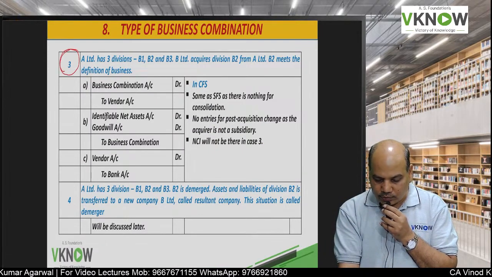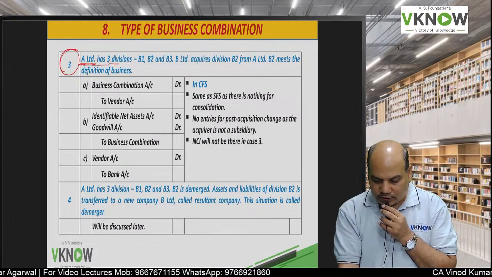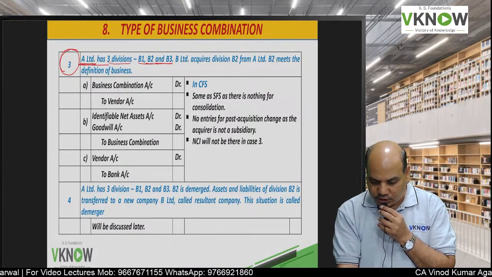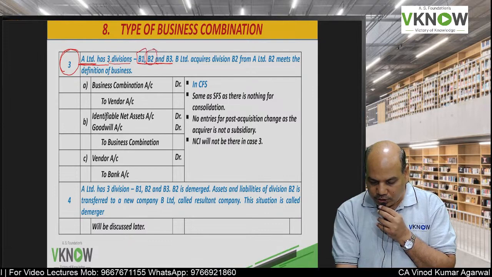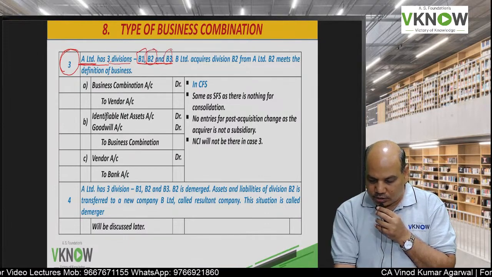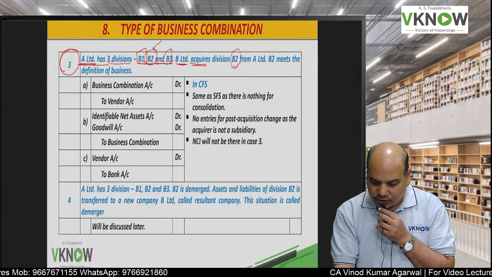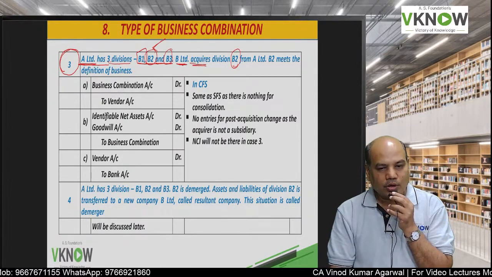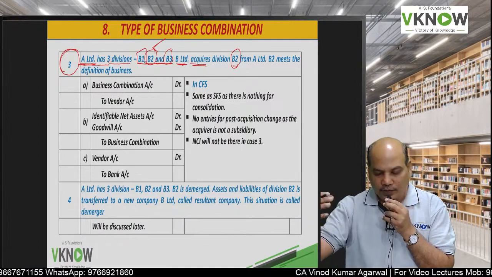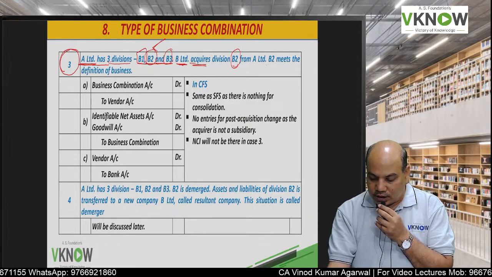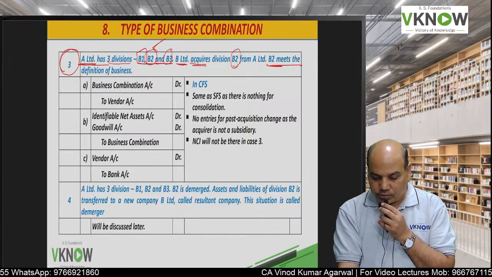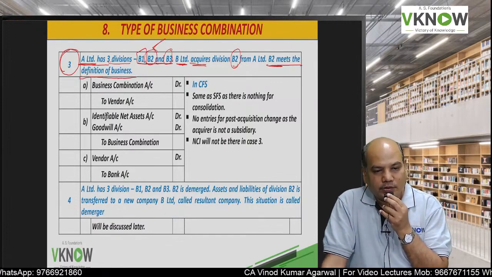This is also important. Suppose a company A has 3 divisions, B1, B2, B3. Then another company B Limited acquires division B2. Only a division is acquired. The whole company is not acquired, but a division is acquired, and that division B2 meets the definition of a business.